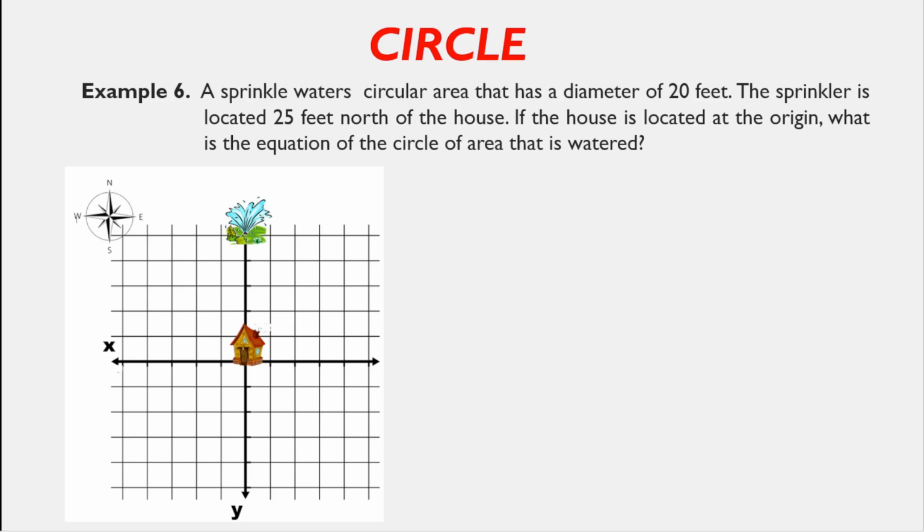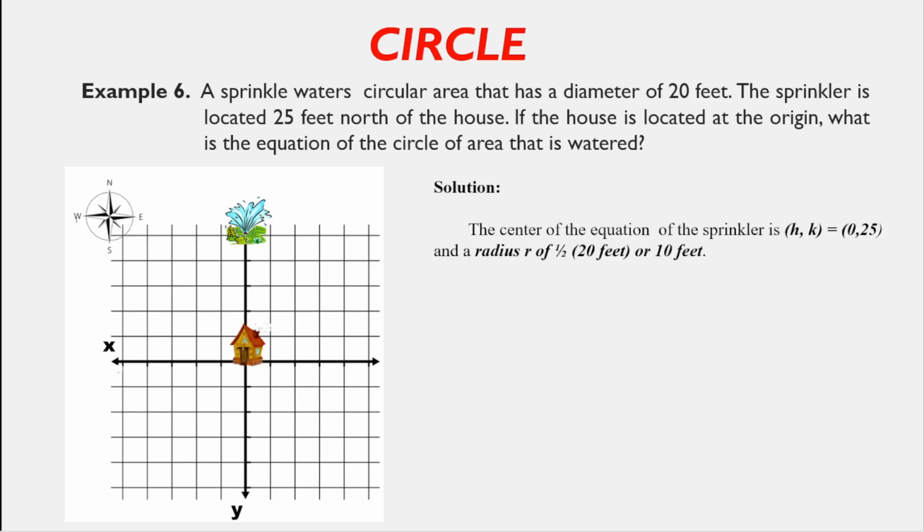We are going to consider that every unit in the graph is 5 units, to visualize. So this is now the location of the sprinkler. The question is, if the diameter of the watered area is 20 feet, what is the equation of the circle that is formed?